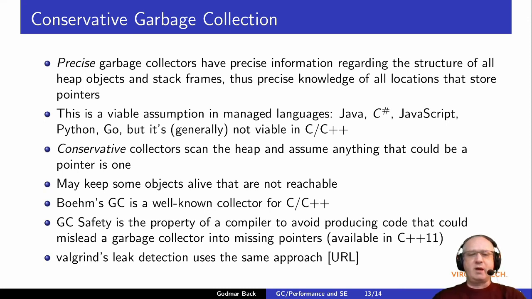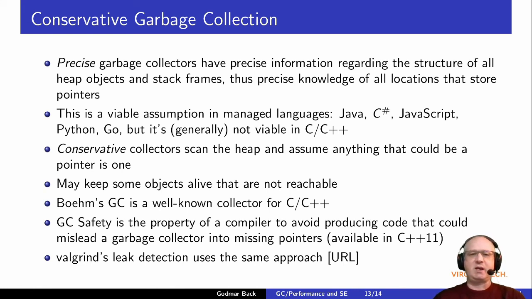Now, a conservative collector, by contrast, does not make the assumption that it knows all the places where pointers are stored. Instead, it looks at those locations in memory, on the stack frames of running threads or within allocated objects or blocks of memory, and assumes that anything in there that could be a pointer is one.